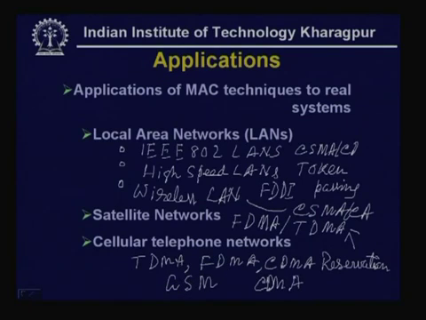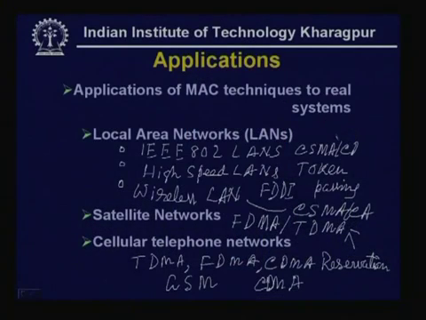We shall see how TDMA and FDMA are used, and also how CDMA is used in implementing cellular telephone networks. So in the next 3 lectures we shall discuss the applications of these medium access control techniques, and we shall see how they are used.